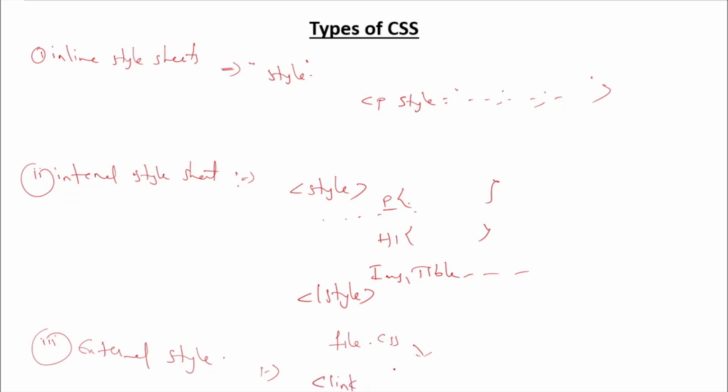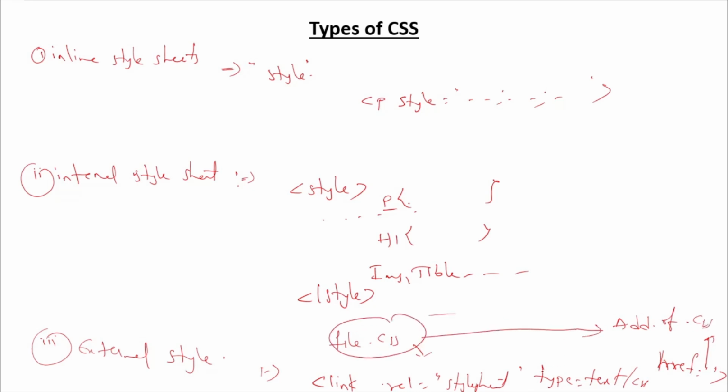With the link tag you place different attributes: the rel attribute, stylesheet, and type, text/css, and href. Href in the sense, you place here the address of the .css file, like this file address you place here, right?